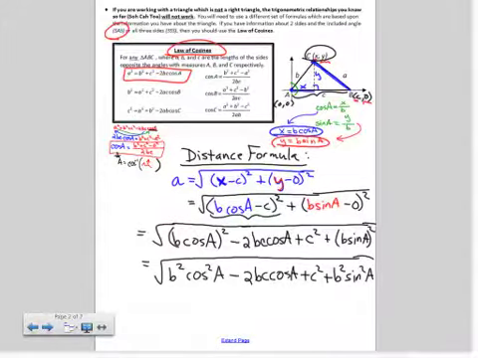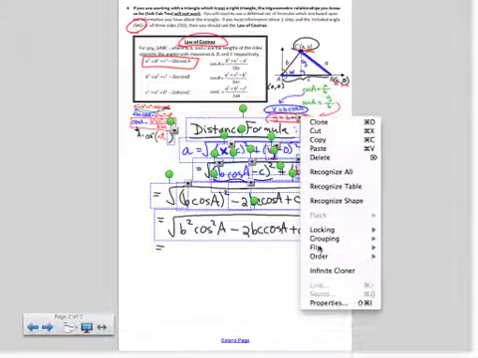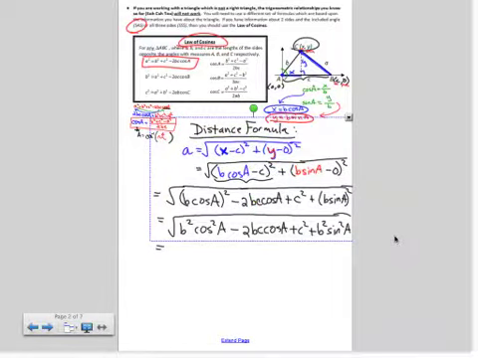Now, I don't know if you see it hiding in this problem, but that b squared can be factored out of the b squared cosine squared a and the b squared sine squared a, and that would be cosine squared a plus sine squared a.